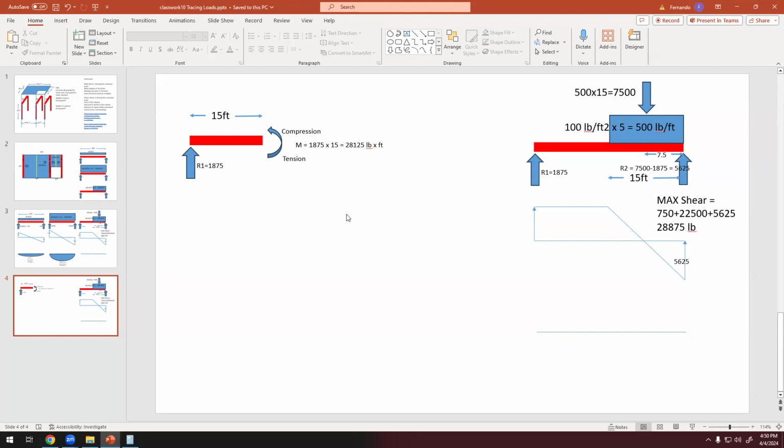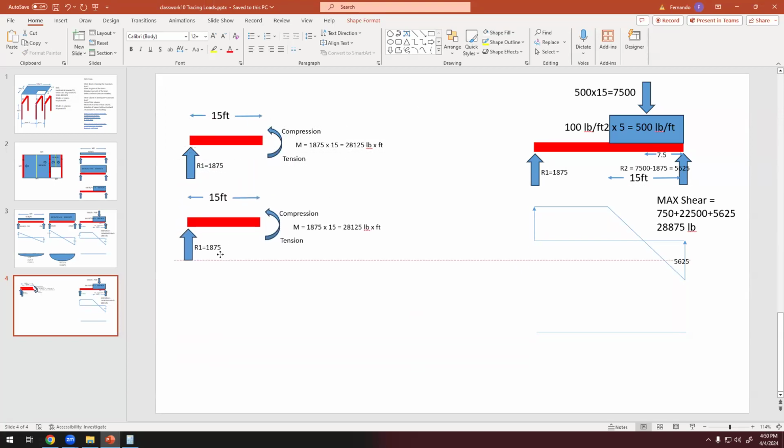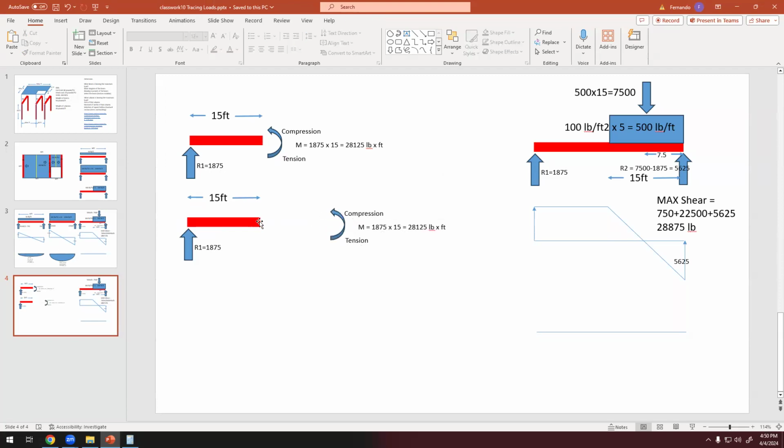So that's the bending moment there. Okay. Now let's keep going. Now I'm going to calculate the bending moment, but not at 15 feet from the first reaction. I'm going to calculate this at this point. This point is 15 plus 7.5, so this distance now is 22.5 feet.